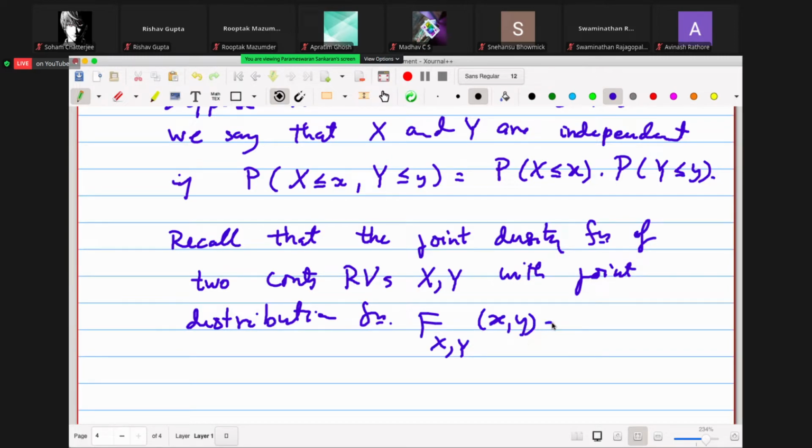What is this? This is by definition the probability of X less than or equal to x, Y less than or equal to y.